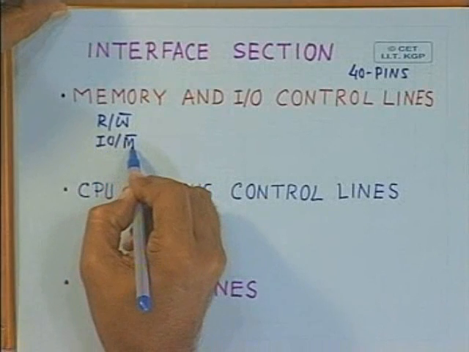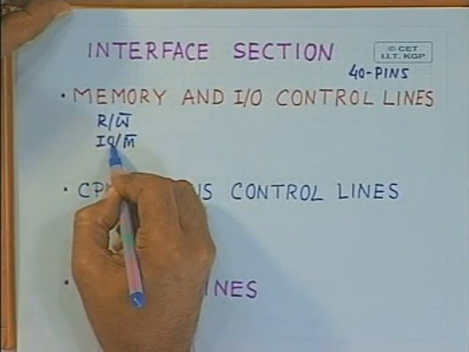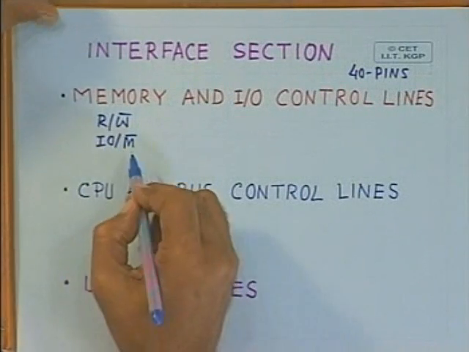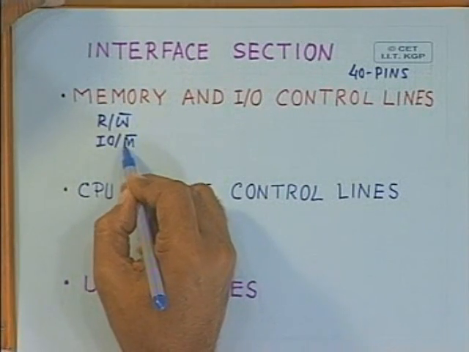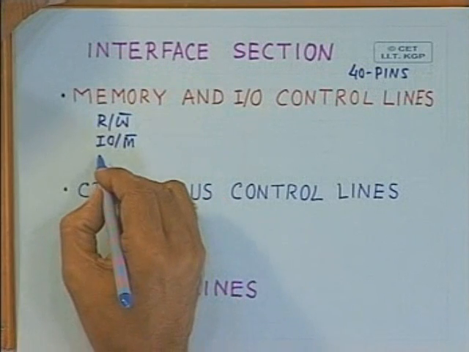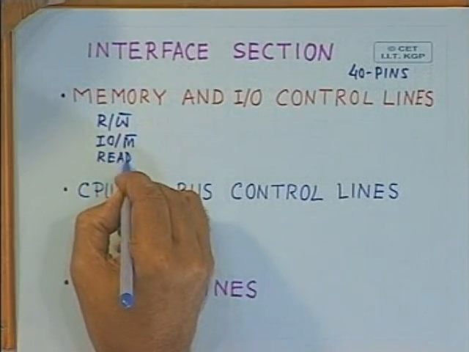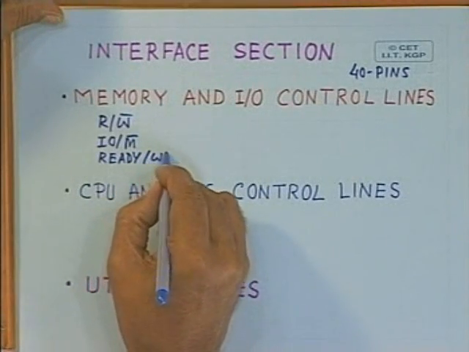That means whether it is executing an IO instruction or a memory instruction, memory read or memory write. That has to be conveyed by another pin, that is IO by M. That means whenever this line is 1, it corresponds to IO access, and whenever that line is 0, it is for memory access. Then there is another line, ready or wait.